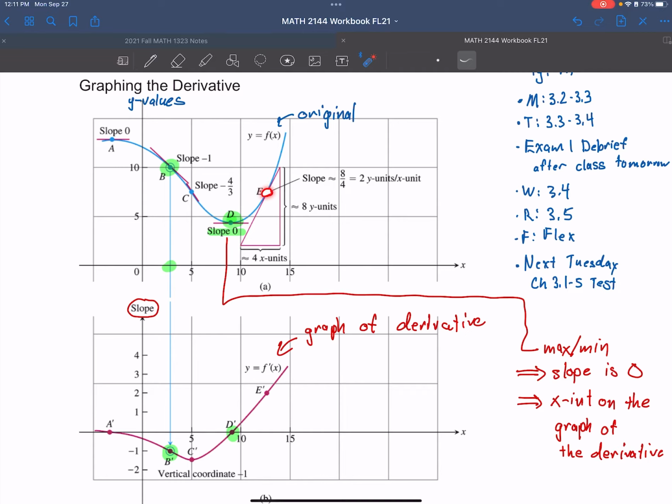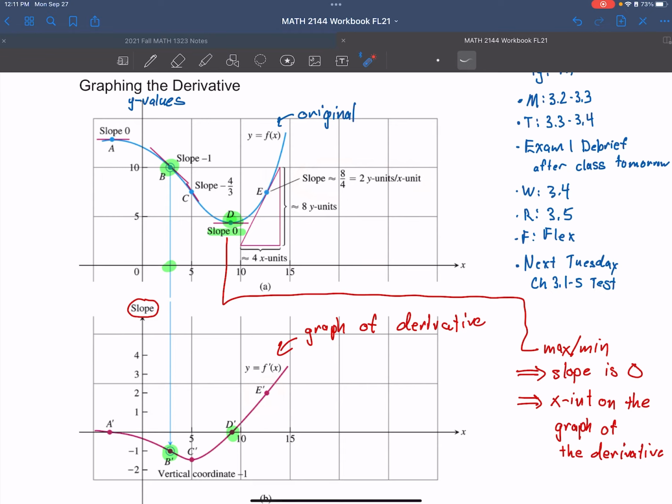The graph is increasing. Because the graph is increasing, what do we know about the slope of the graph? It is positive. You can see that right here. And because the slope is positive, that means the corresponding point on the derivative's graph is going to be in a positive quadrant, either 1 or 2, depending on where you are on your x-axis.